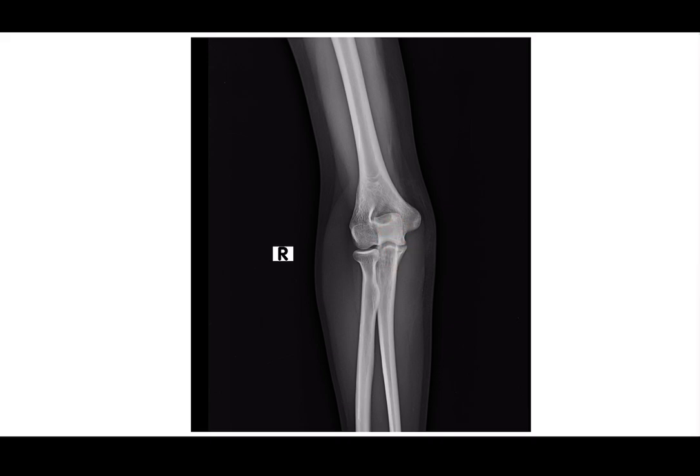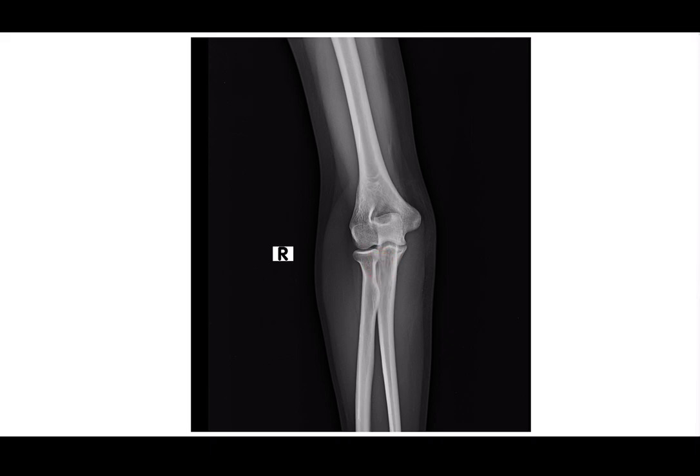Now talking about the radioulnar joint, it is the articulation between the radial head and the radial notch of ulna. The head of radius articulates with the radial notch of ulna. There's a notch here in the radial aspect of ulna which articulates with radius.